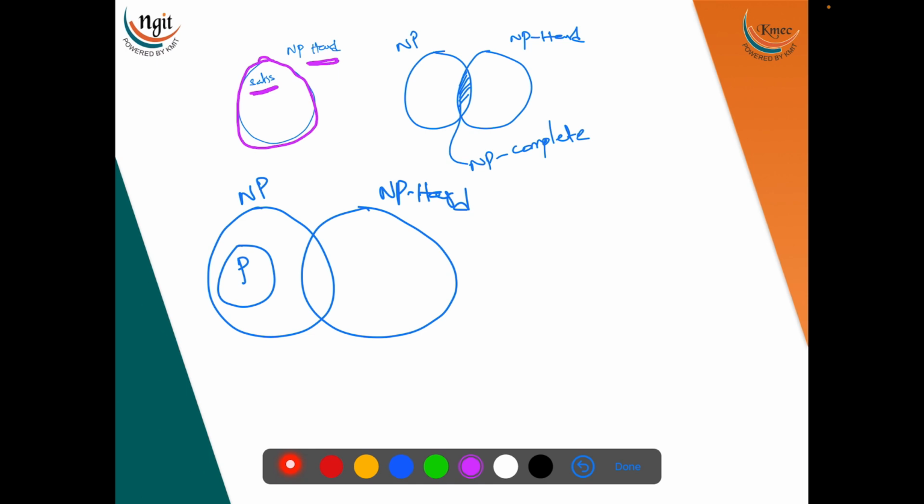NP is what? Non-deterministic algorithm which is polynomial time, non-deterministic algorithm which is exponential time. The common point is NP complete. That means the problems which take polynomial time with non-deterministic algorithms, like satisfiability, that you are able to solve.